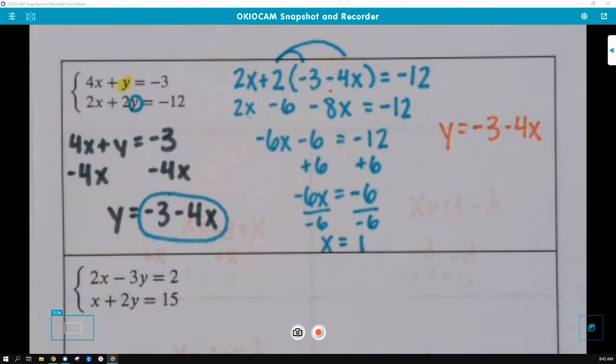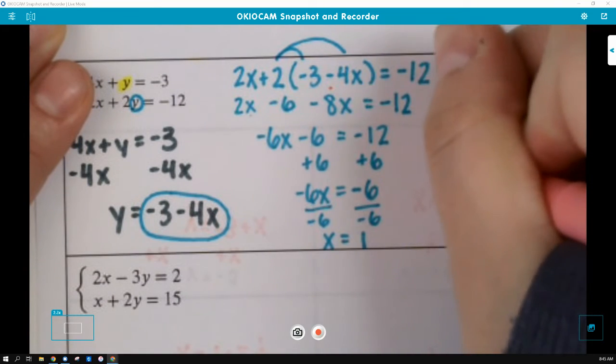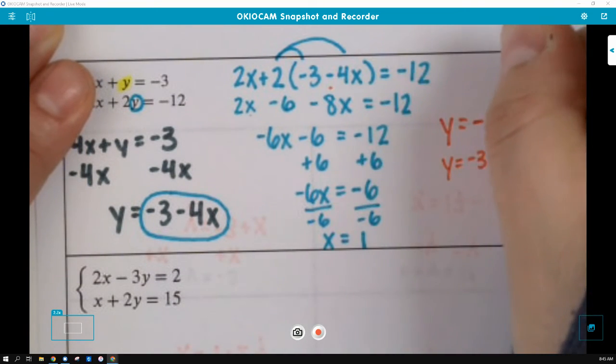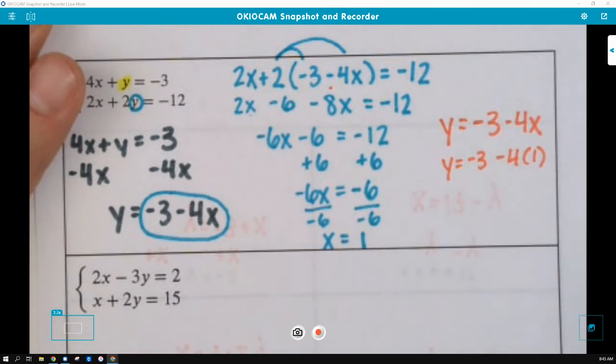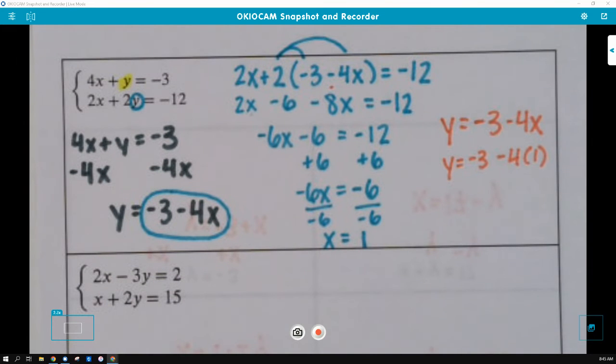So y equals negative 3 minus 4x, and all we're going to do is plug in 1. So this will be y equals negative 3 minus 4 times 1. Negative 4 times 1 is negative 4.